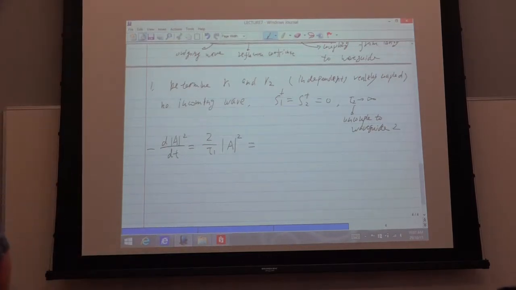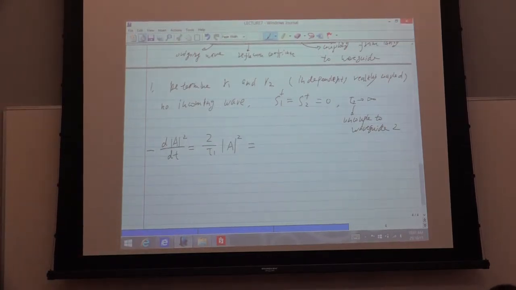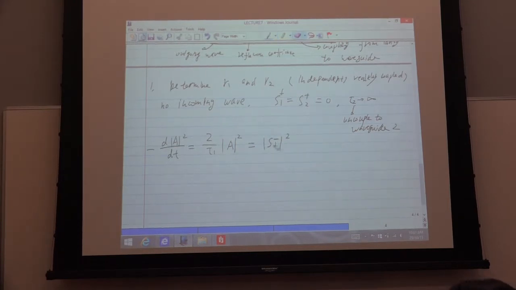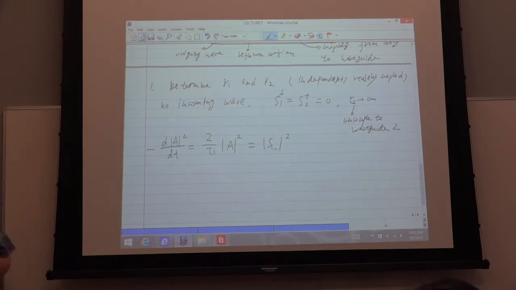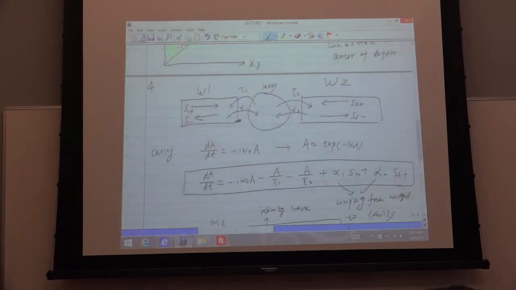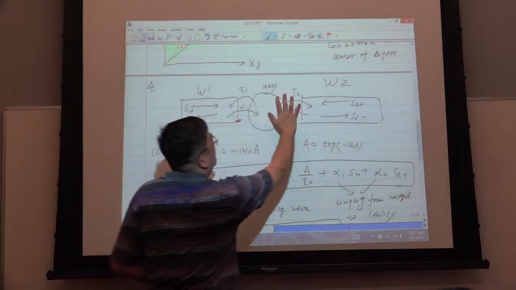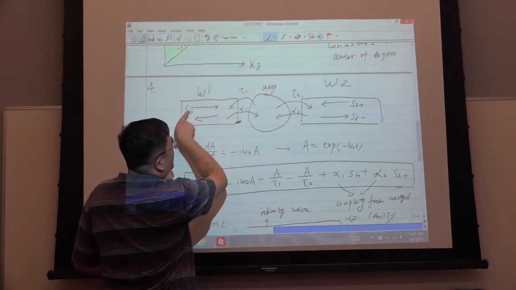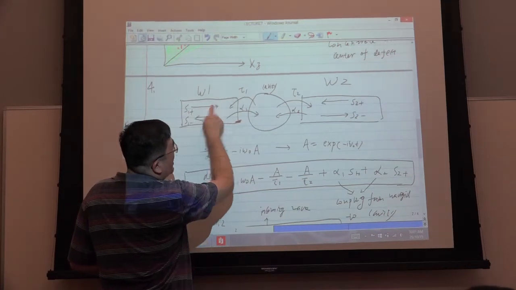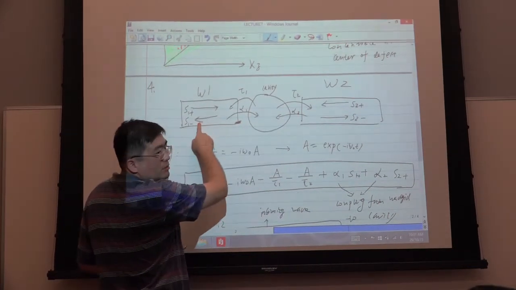So when it decays, where does the energy go? This is important. You can see the picture, and this part has no coupling. When the cavity decays with no incoming wave, it will decay into S1, right?